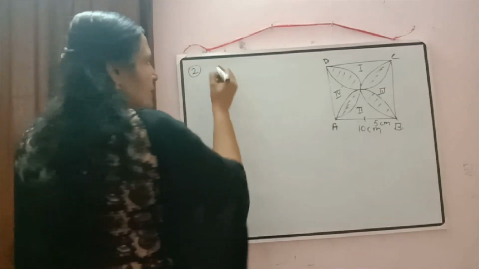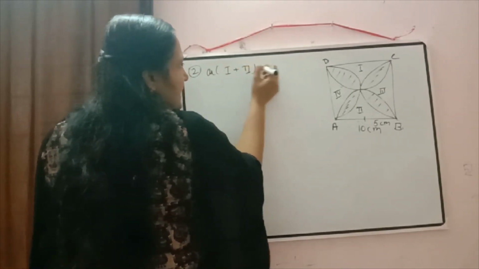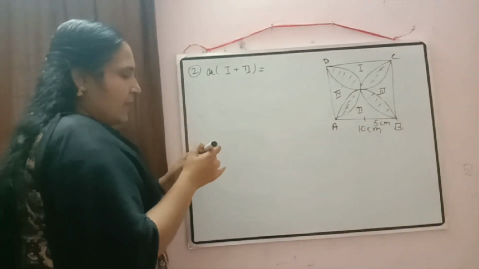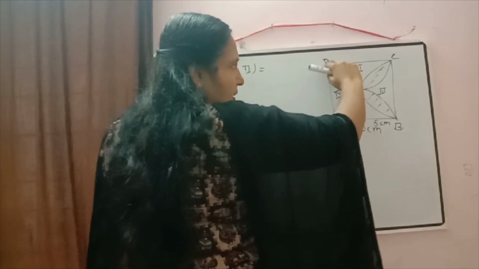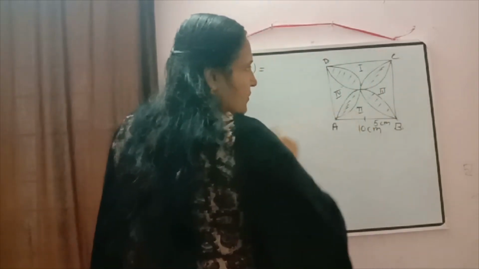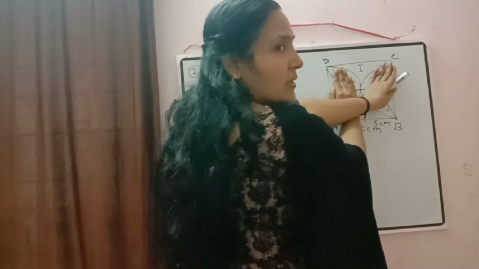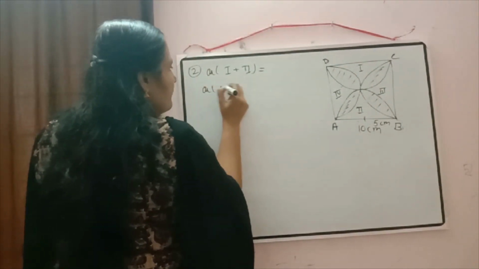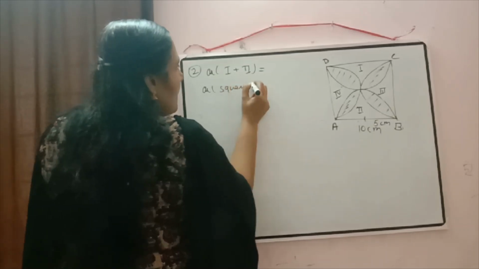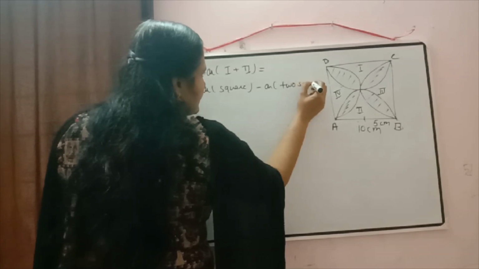Okay. So just write down there: area of first plus second is equal to area of square minus area of two semicircles.